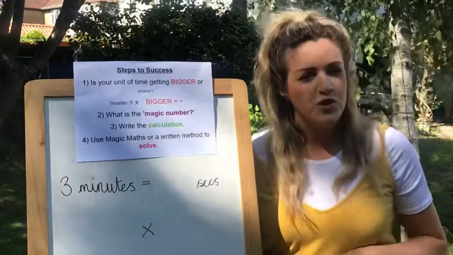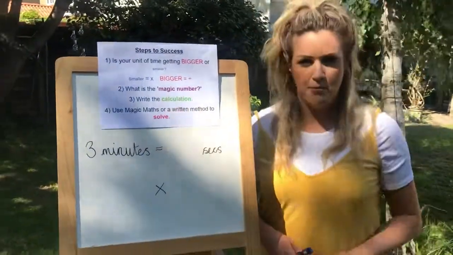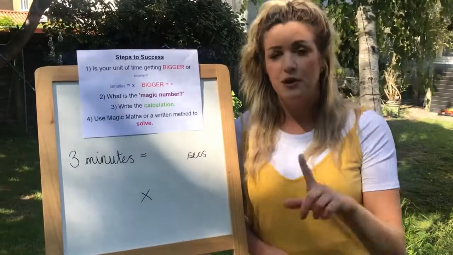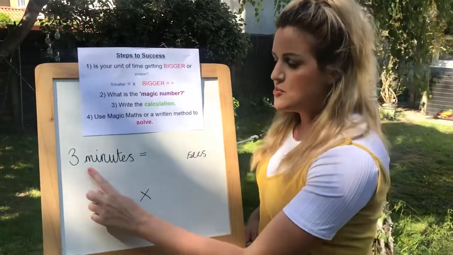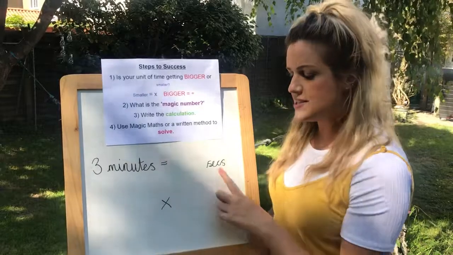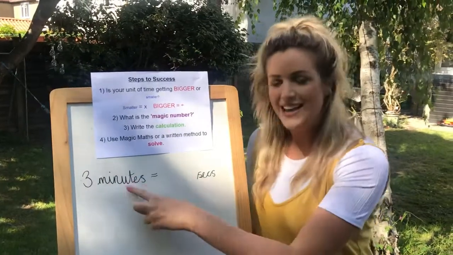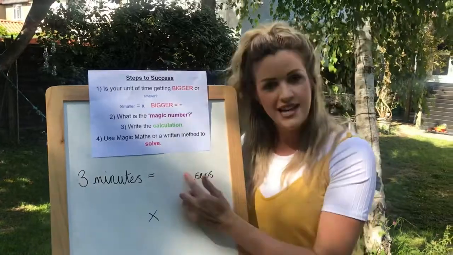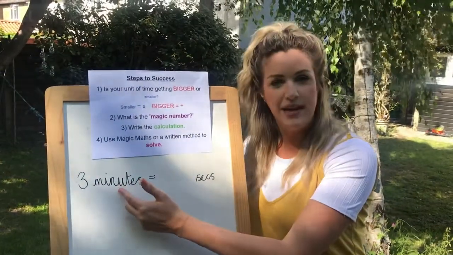Then, I've got to think about the magic number, okay? And this is where your starter would have been very, very useful. So my magic number with minutes and seconds is 60, because there are 60 seconds in a minute.